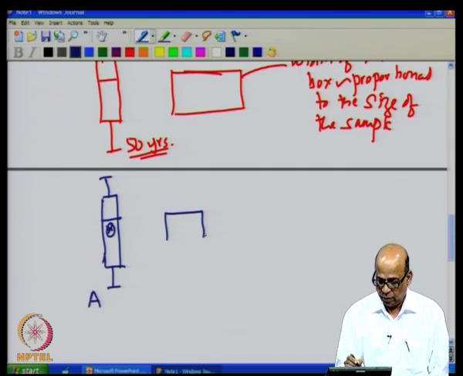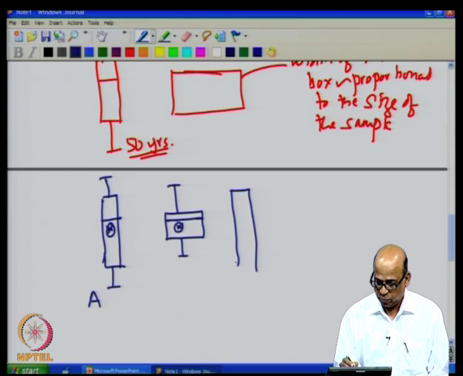Then you have a time series B, which is of a different sample, and this has a mean of this, a maximum of this, and a median somewhere here, and a mean here. Similarly, you may have certain other box plots like this.